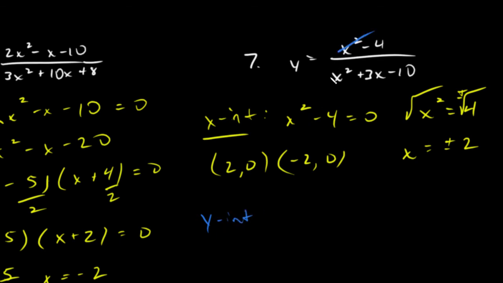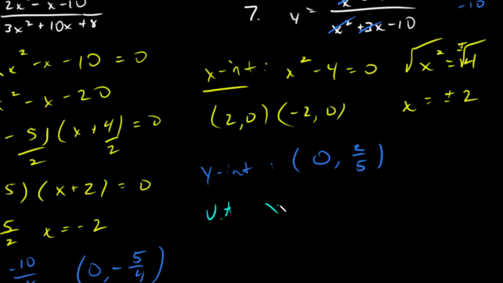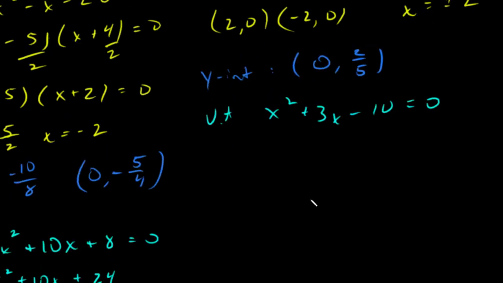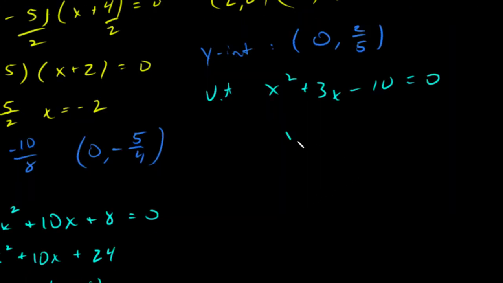That cancels to 0, cancels to 0, cancels to 0, and you get 0, negative 4 over negative 10, which is 2/5. And then the vertical asymptote is last. That's setting x squared plus 3x minus 10 equal to 0 and solving. You get x plus 5, x minus 2, so you get negative 5 and 2.